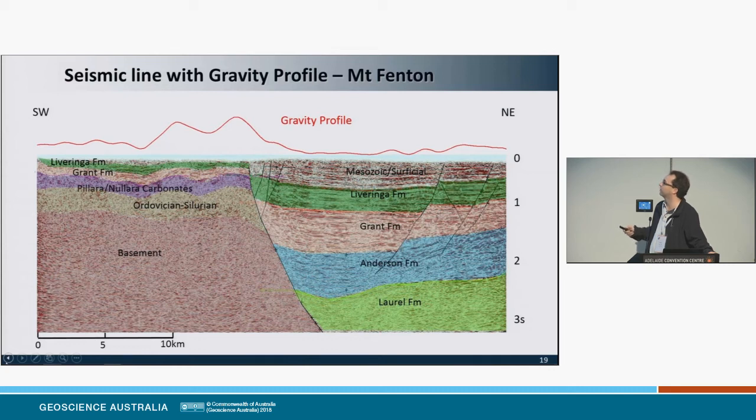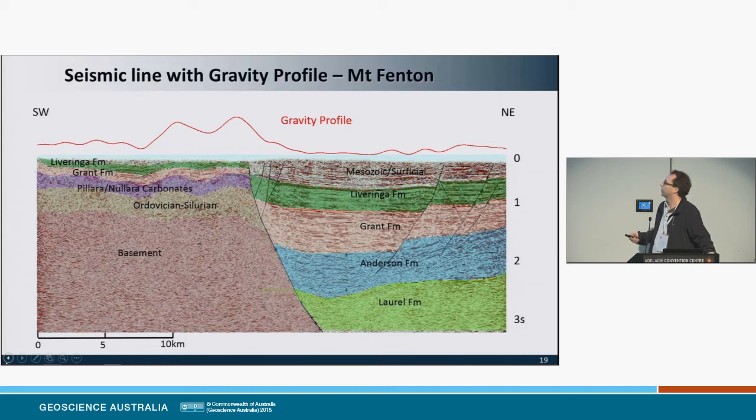Here, this was some data that we designed on the back of the Falcon data. These were basically looked at and redesigned so we could get true dip seismic imaging across the faults.